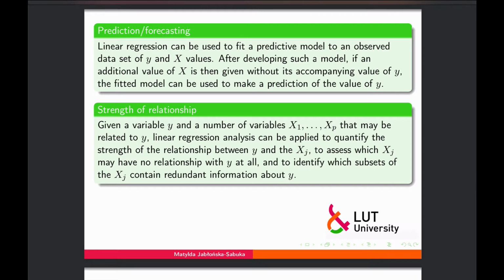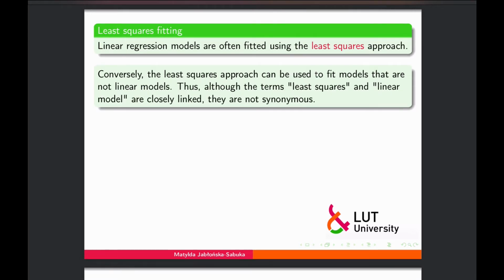In that way, we want to assess which of the explanatory variables may have no relationship with y at all, and identify which subsets of the xj contain redundant information about y. Linear regression models are often fitted using the least squares approach. The least squares approach can also be used to fit models that are not linear. Thus, although the terms least squares and linear model are closely related, they are not synonyms.